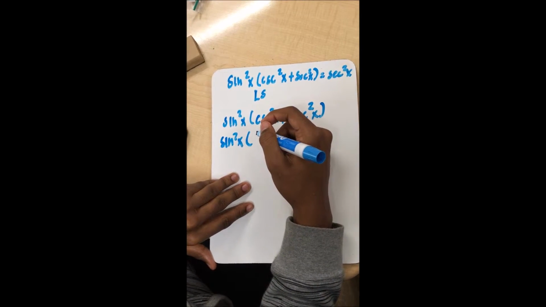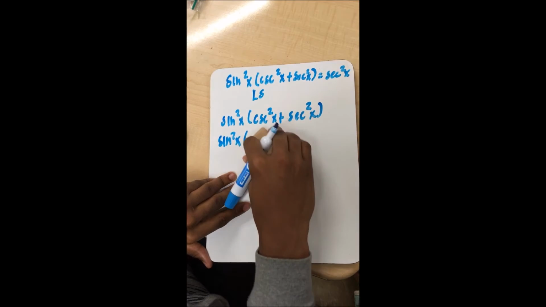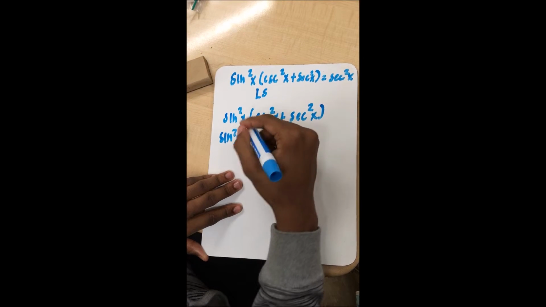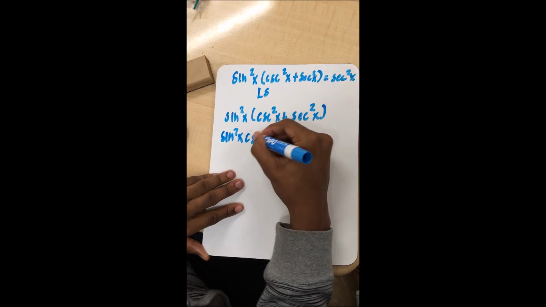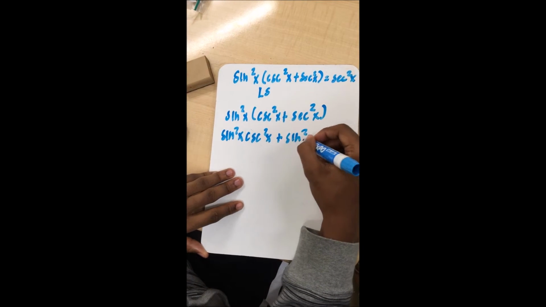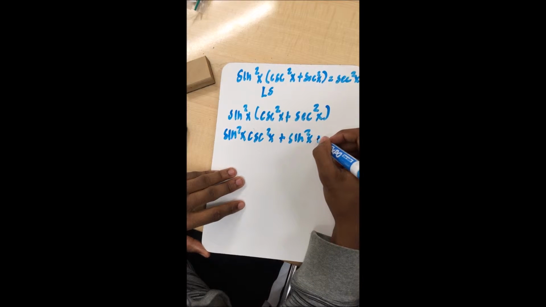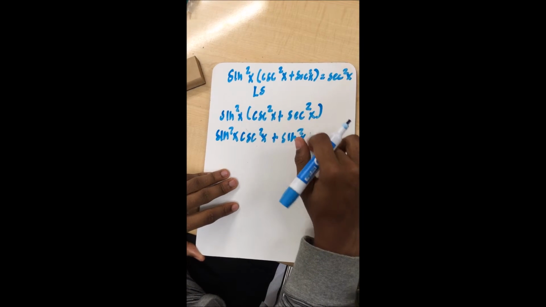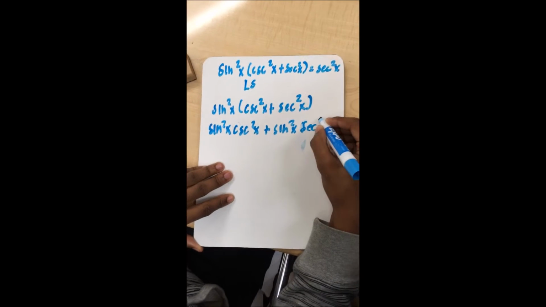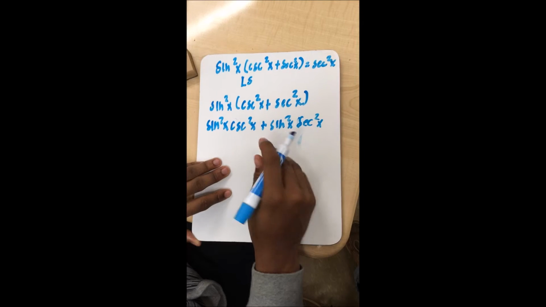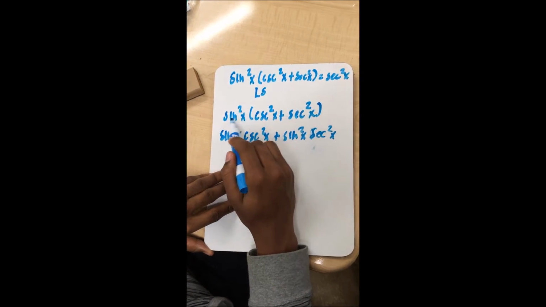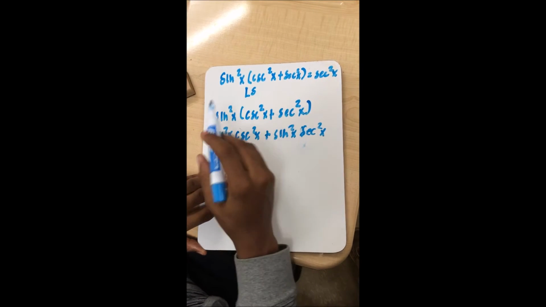So that would be sine squared x times cosecant squared x plus sine squared x times secant squared x. Like I said, what we did was distribute sine squared x to cosecant and secant.